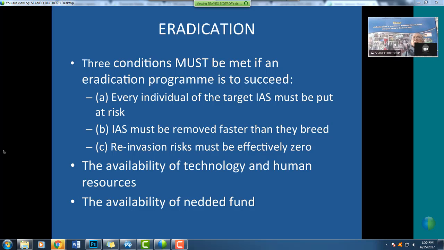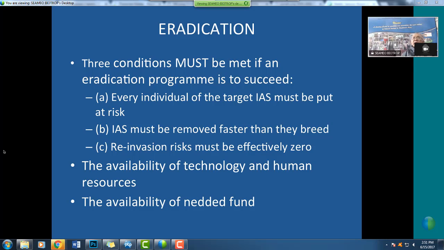For the eradication program to succeed, three conditions must be met. First, every individual of the target invasive alien species must be put at risk. Invasive alien species must be removed faster than they breed, so the rate of eradication must be greater than the rate of growth of the invasive alien plant species.